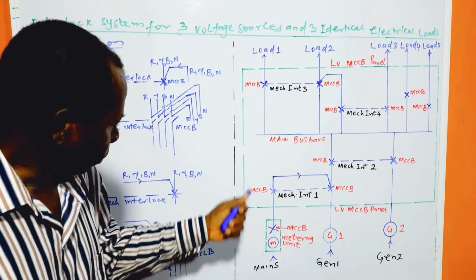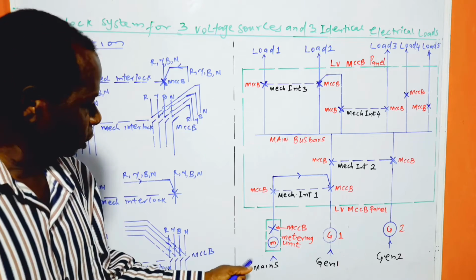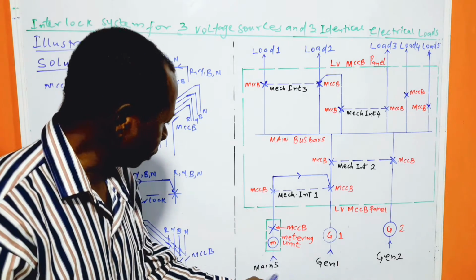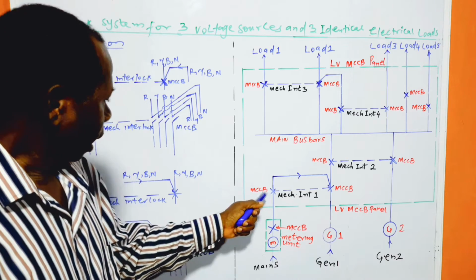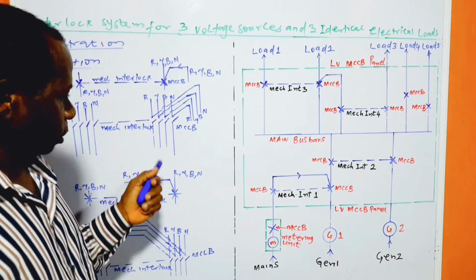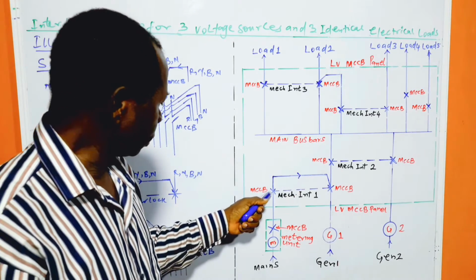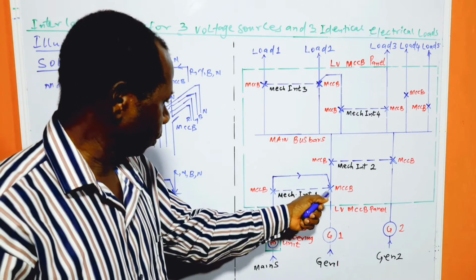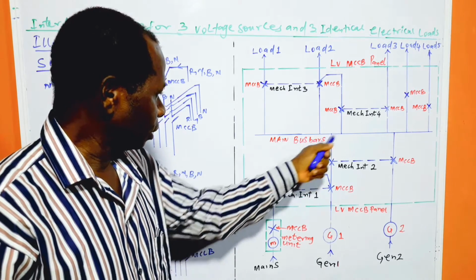Now, normally, it is always the mains that is being used. So, to select the mains, this circuit breaker will be closed, and according to the explanation that I gave for the mechanical interlock, once this circuit breaker closes, this one opens, and then power is supplied to these bus bars.